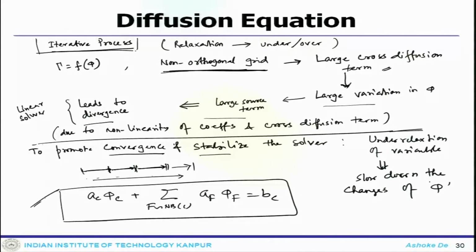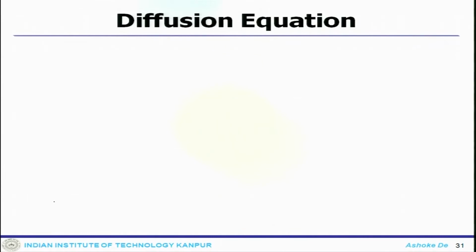This is a unique equation that works for everybody. Now, while doing this iterative process, one may do some algebra and write phi_C equals minus the sum over all f of A_F phi_F plus B_C, divided by A_C.